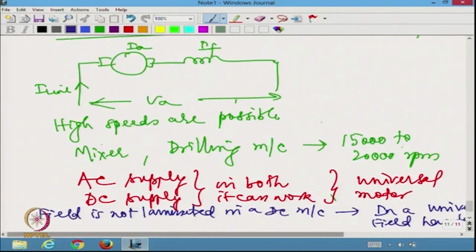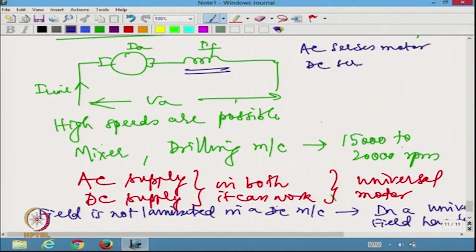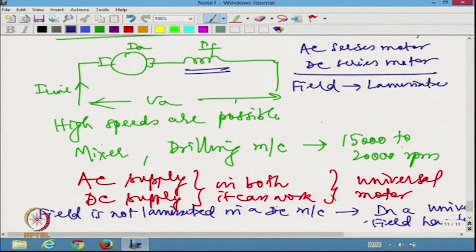Because the flux is alternating, we definitely need to make sure that the field system also is laminated. So, the major difference between AC series motor and DC series motor is the field being laminated. So, the field will be laminated in AC, whereas that is not laminated in DC series motor.